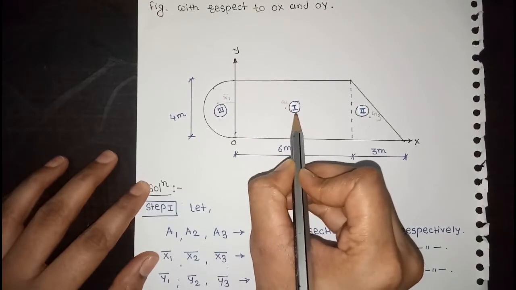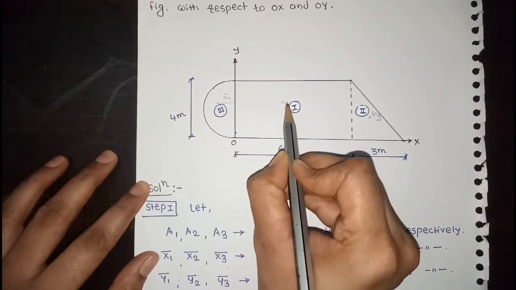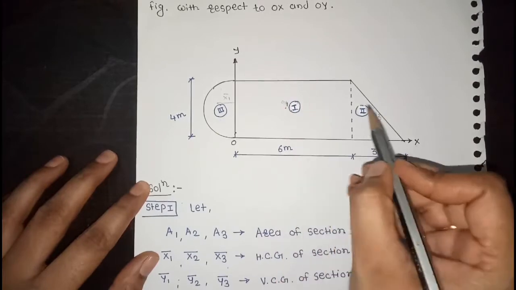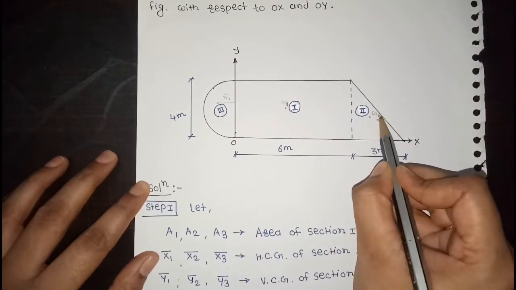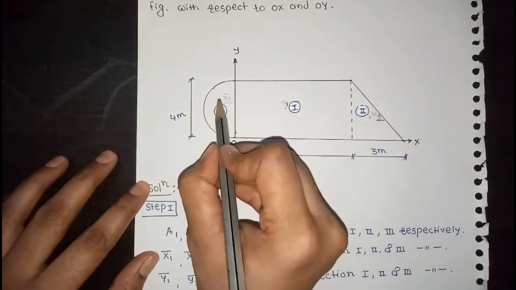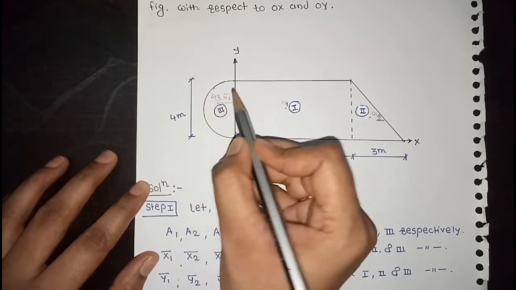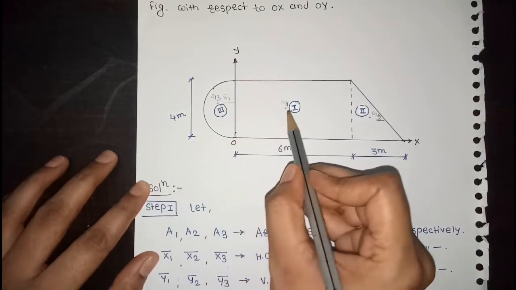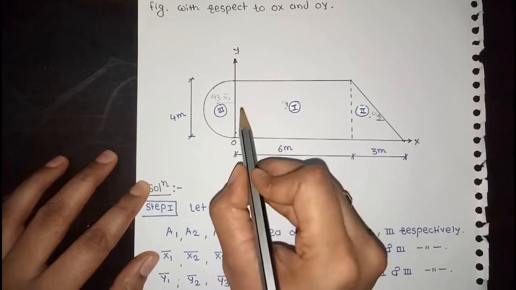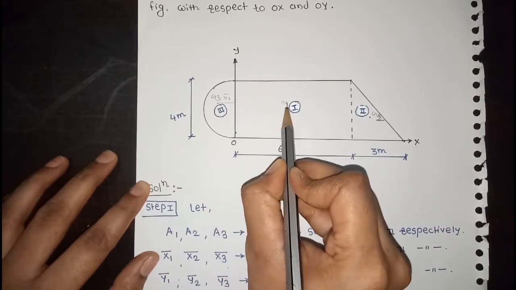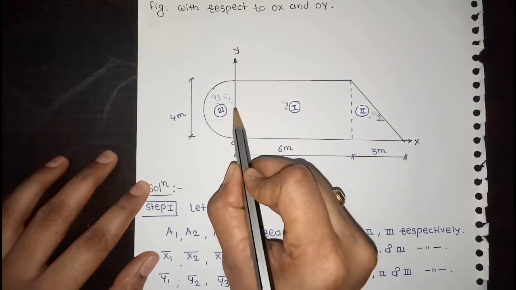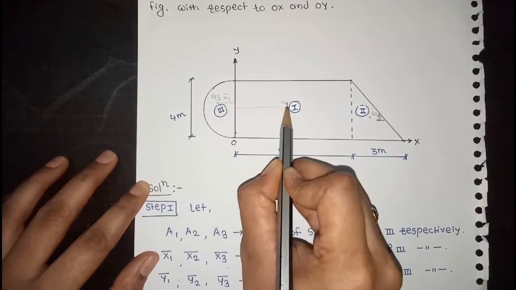This is section number 1, so locate the point G1. This is G2 and this is G3. So what is meant by X1 bar? X1 bar means distance between point G1 to base of y-axis.